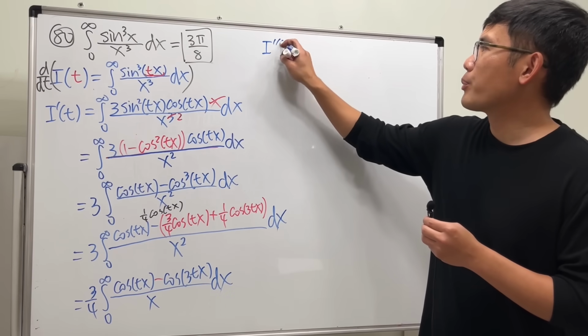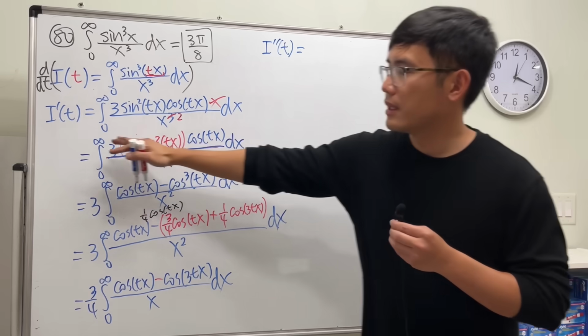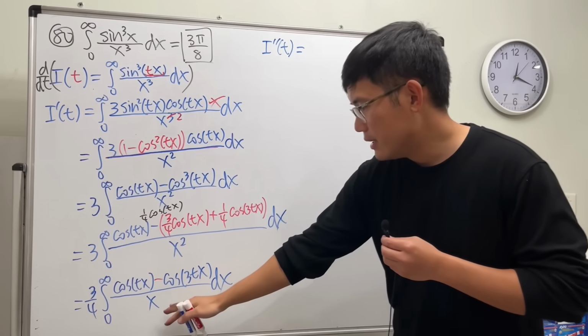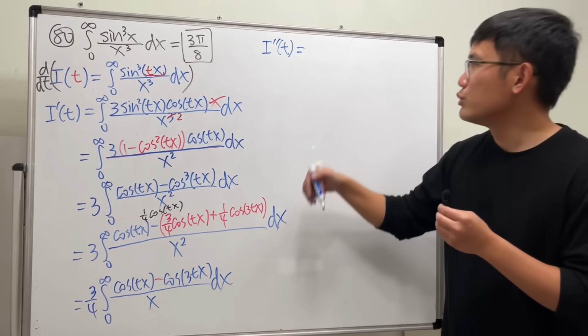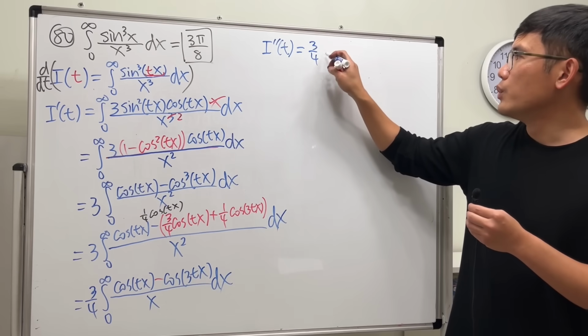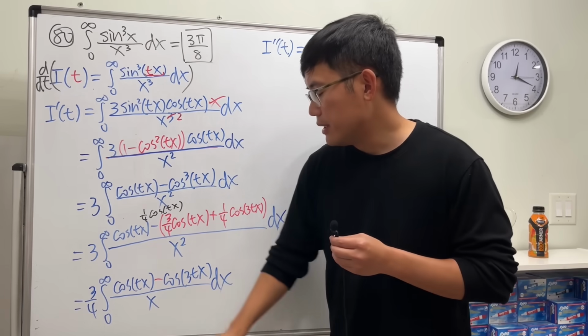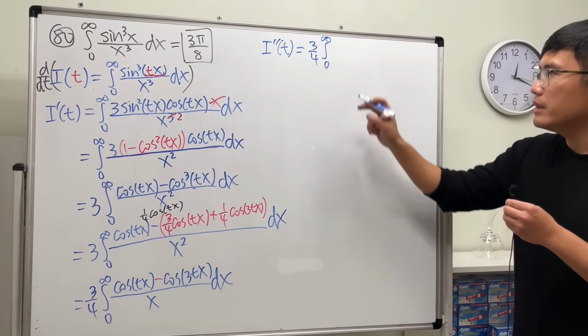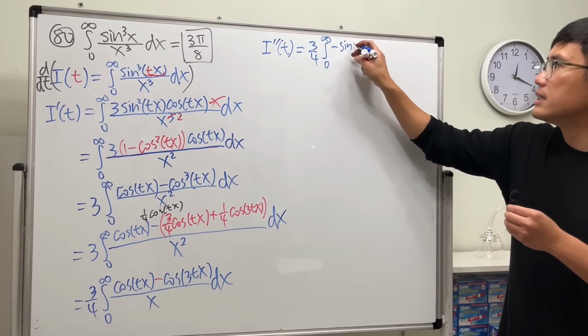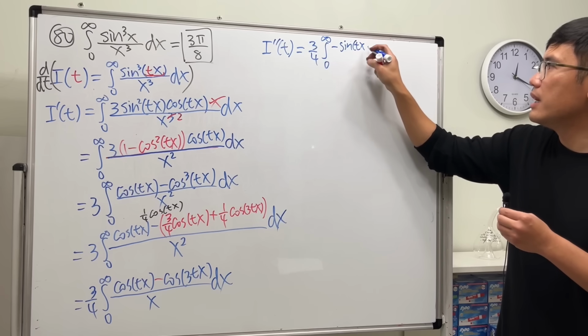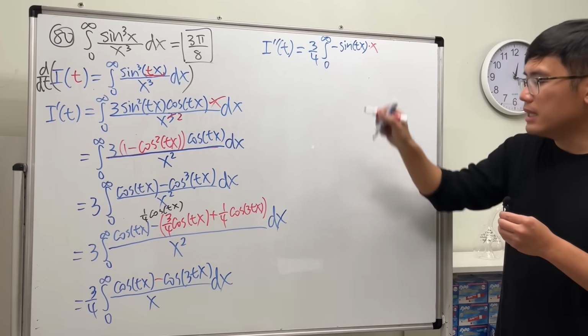I double prime of t. Differentiate this, differentiate that. We still have the 3/4 at the front. We still have the integral going from 0 to infinity. Take the derivative of this, we get negative sine of tx, and then multiply by x, yeah?